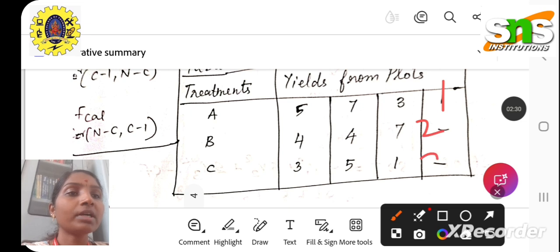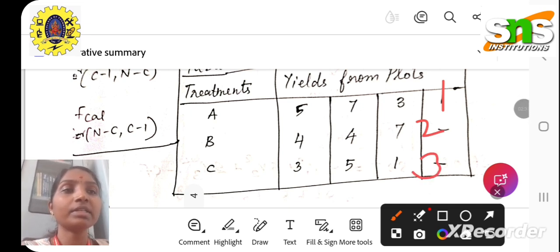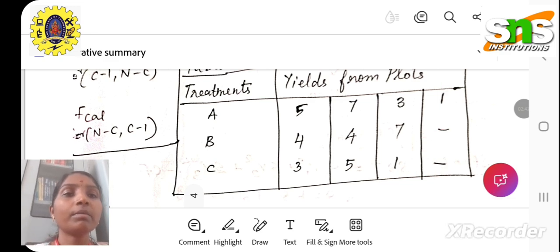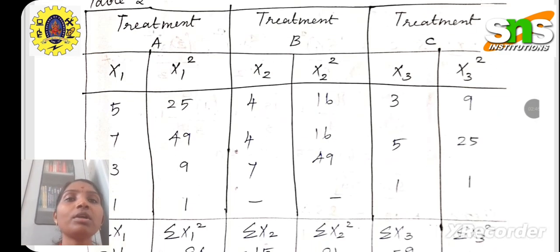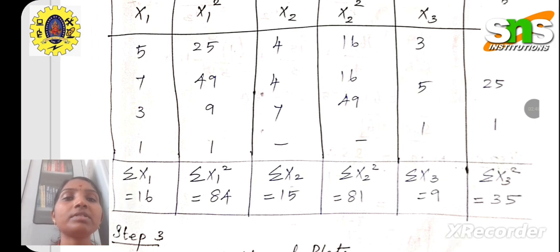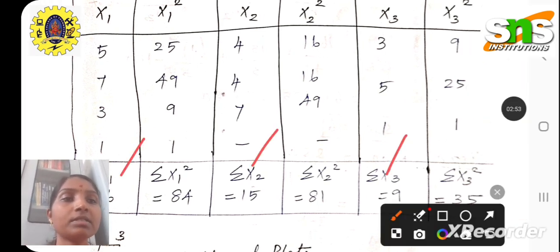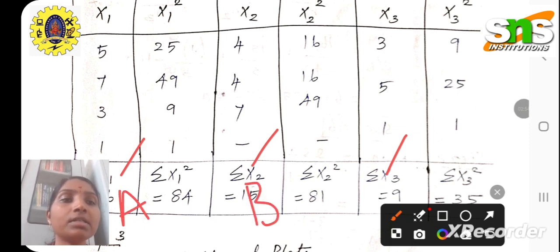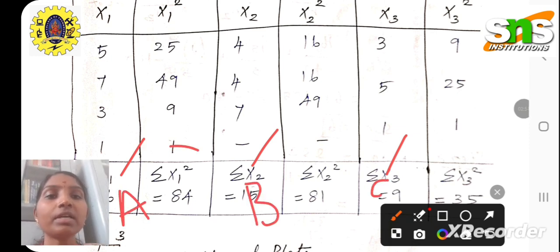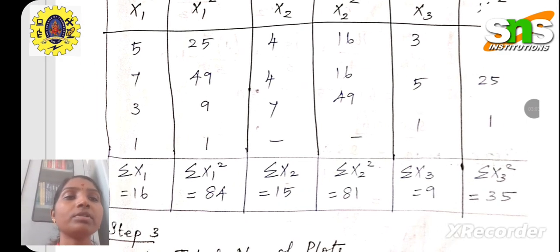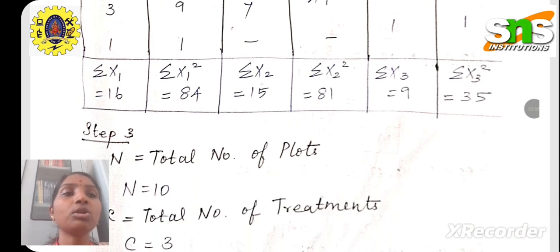So in column number 1 we have 4 entries for treatment A, in column number 2 we have 3 entries for treatment B, and in column number 3 we have 3 entries again for treatment C. What we have done here is the sum of the values x1, x2 and x3 for treatments A, B and C, and also, since we need them for future calculations, x1 square, x2 square and x3 square also. The values as per the table can be noted down here.